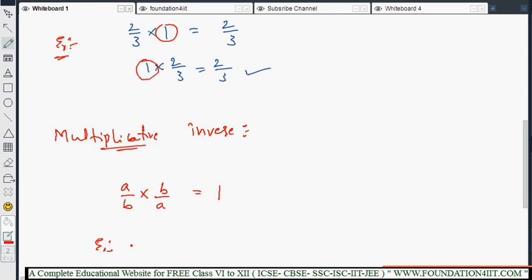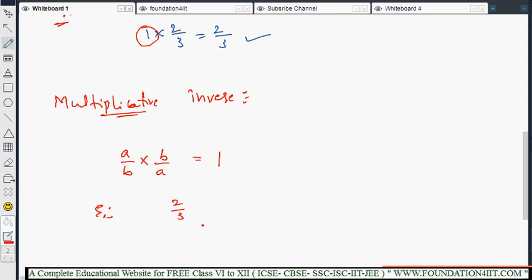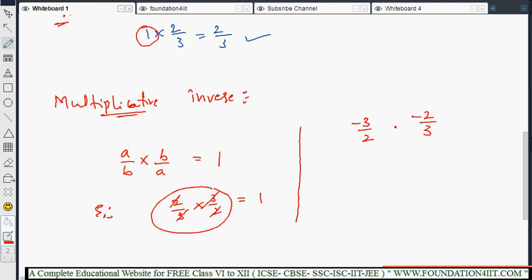Example: for 2 by 3 the multiplicative inverse is 3 by 2, because the result will be equal to the multiplicative identity, that is 1, because the 2s and 3s get cancelled and 1 remains. This is the reciprocal. If it is minus 3 by 2, then minus 2 by 3 is the multiplicative inverse, because it is the reciprocal of that.